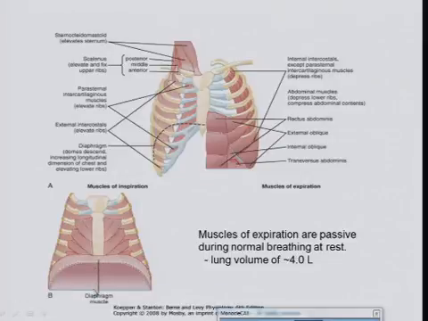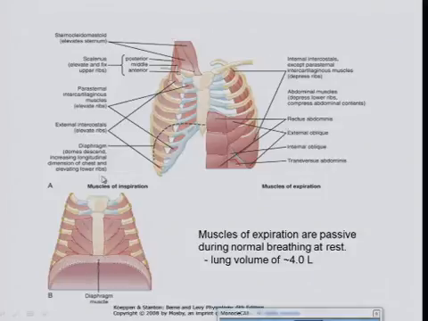So what happens when the diaphragm pulls down? We increase the volume of the thorax. And in doing so, we pull the lungs open and we inhale. So inspiration primarily occurs when we contract the diaphragm.